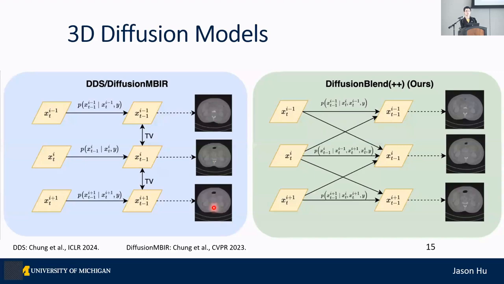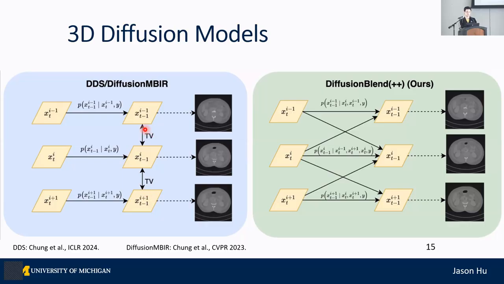We separately train diffusion models on each of the slices. When I say separately, I mean using the same network, but the images are fed into the network separately, and the denoising is done completely separately. And then for the denoised images, since the network never sees adjacent slices, we have to use a regularization method to enforce that they're actually smooth.